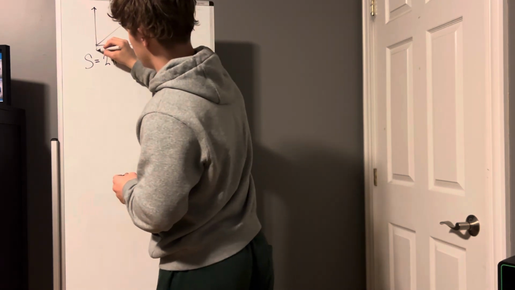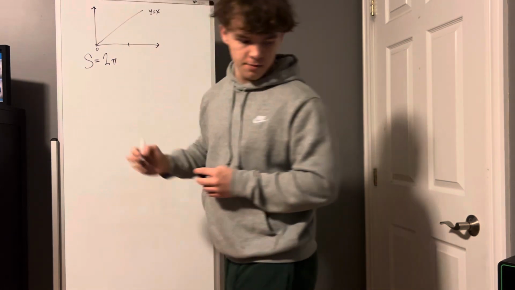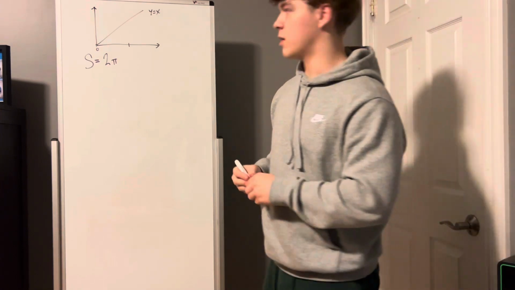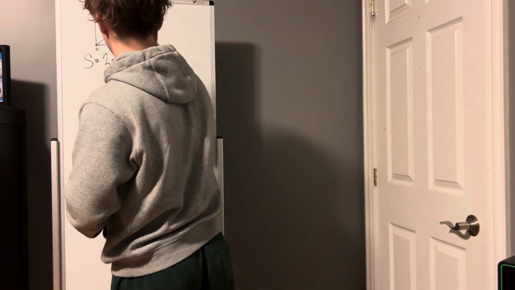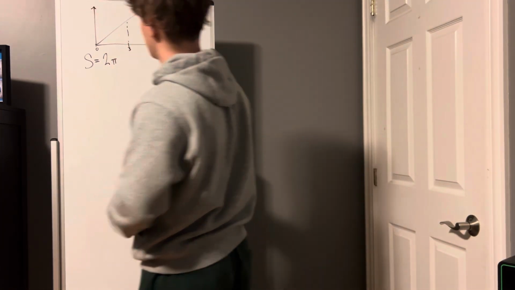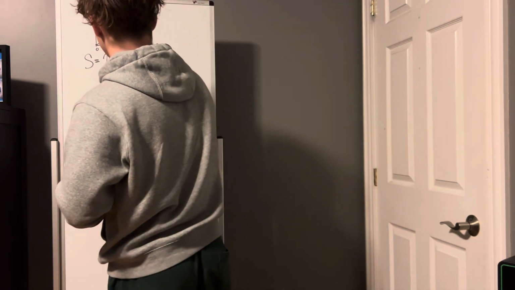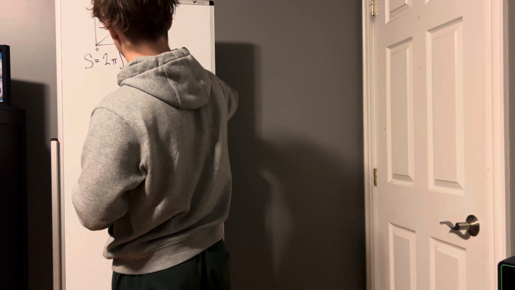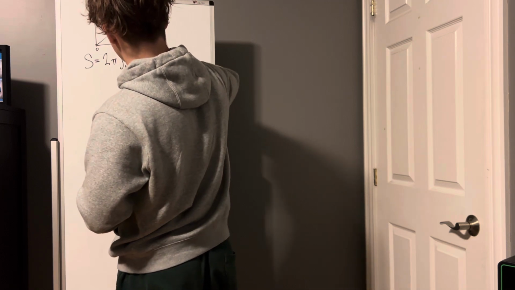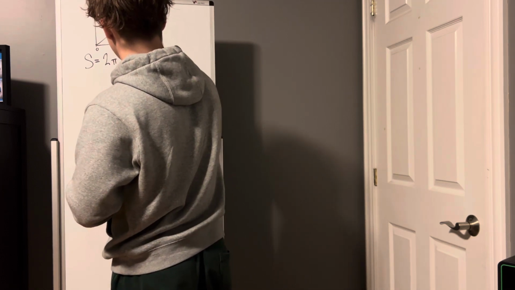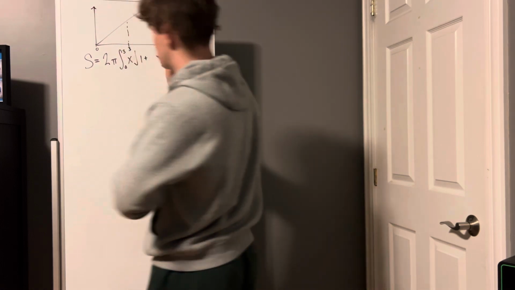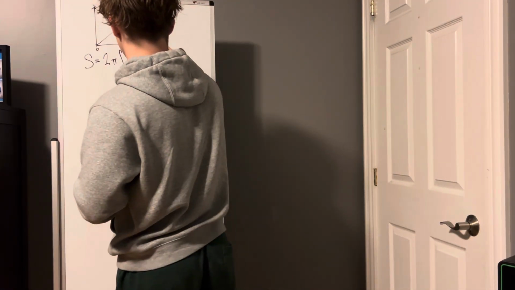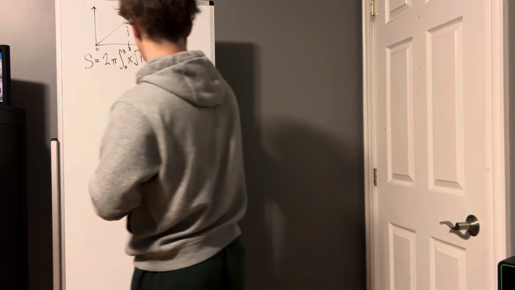Let's take the surface area from 0 to, well, what do I have here? 0 to 3. 2 pi integral from 0 to 3 of f of x, which is just x, times root 1 plus dy dx, which is just 1, squared is also 1, dx.